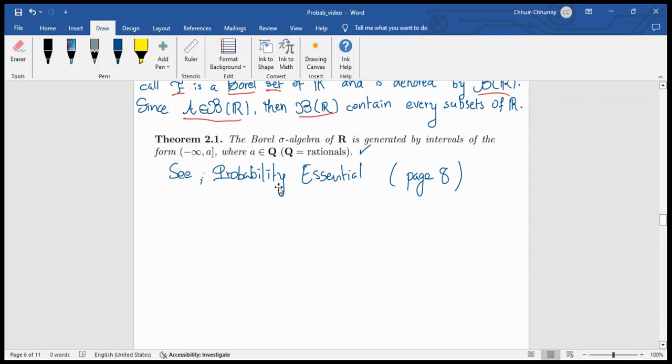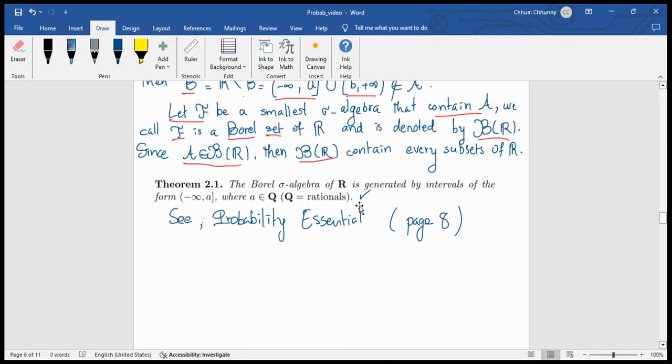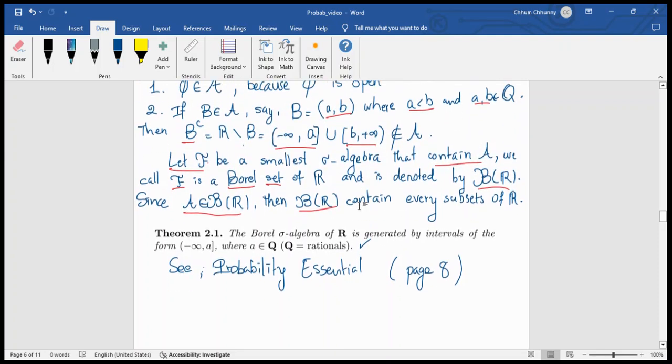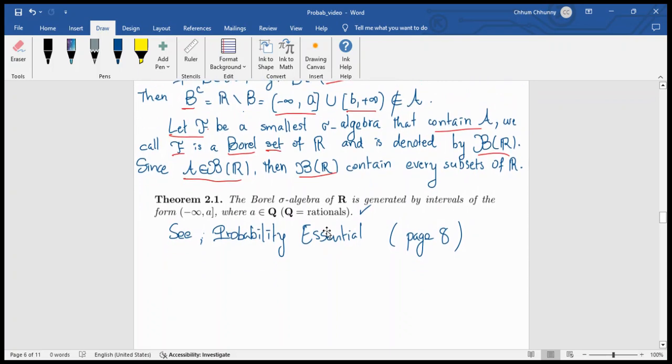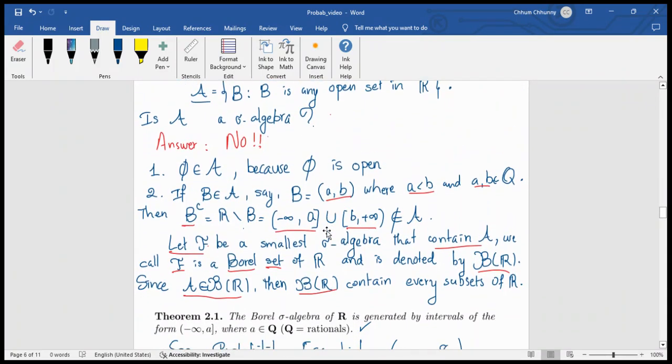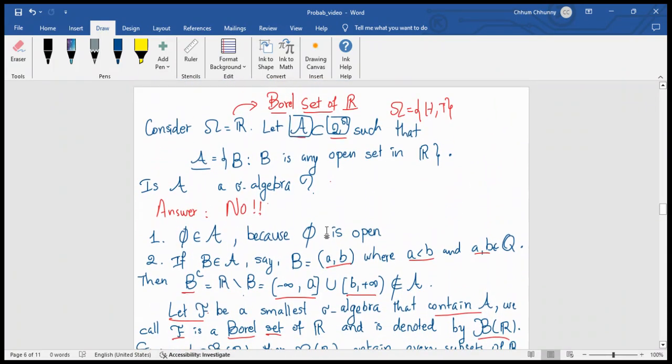The name of the textbook is Probability Essentials, and I don't remember the name of the author, maybe Jacod and Protter, and yes, it is on page 8. So this is a theorem about the Borel set. Okay, thank you and see you in the next video.